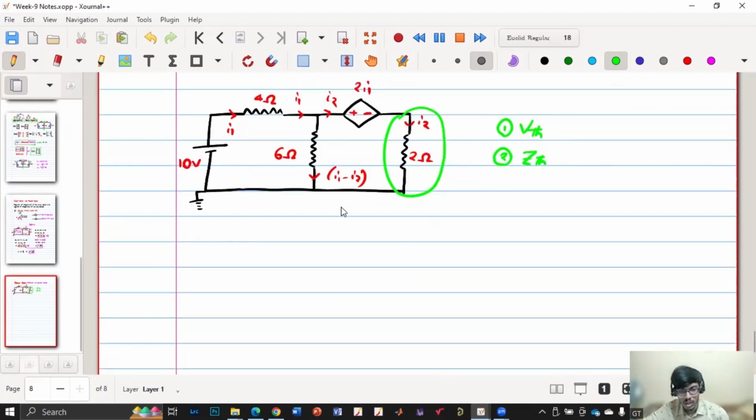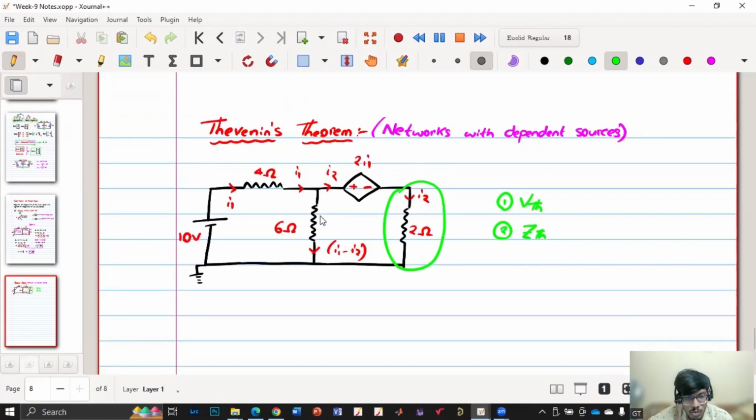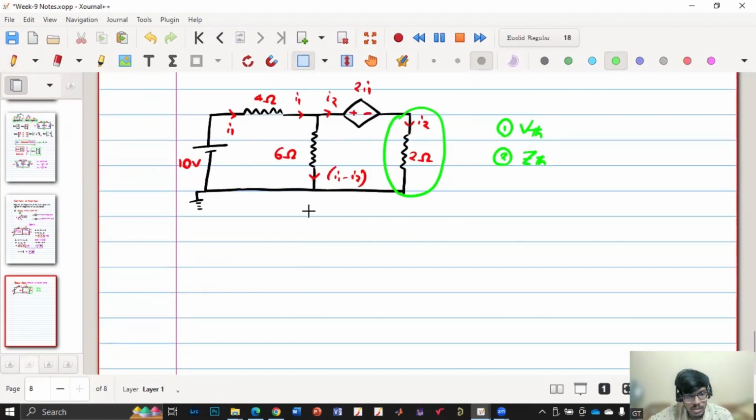So for Thevenin voltage, what is the process? How to calculate the Thevenin voltage? Open circuit the load and calculate. Yes. So I'll copy paste the same example.